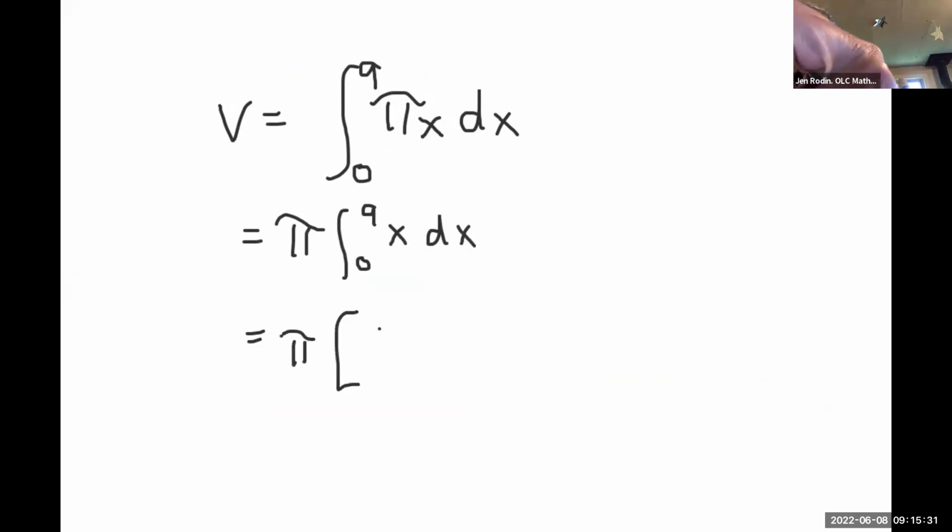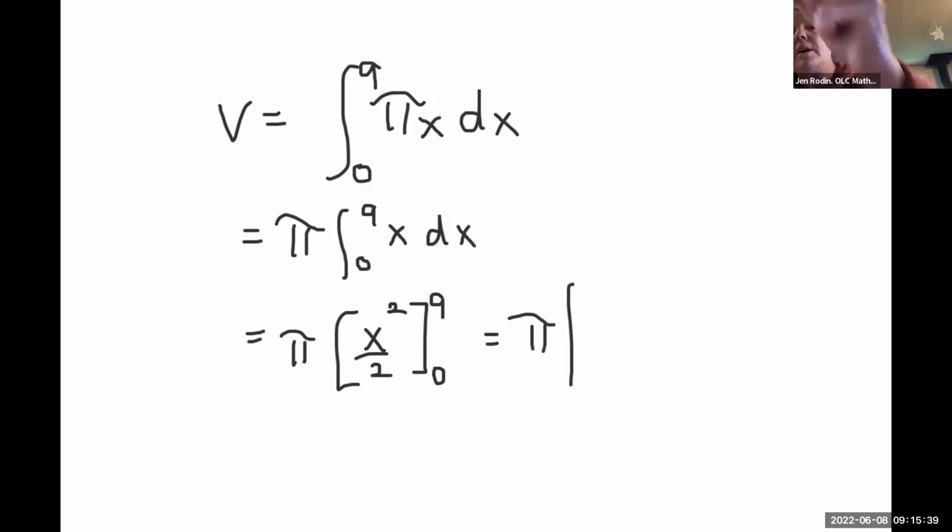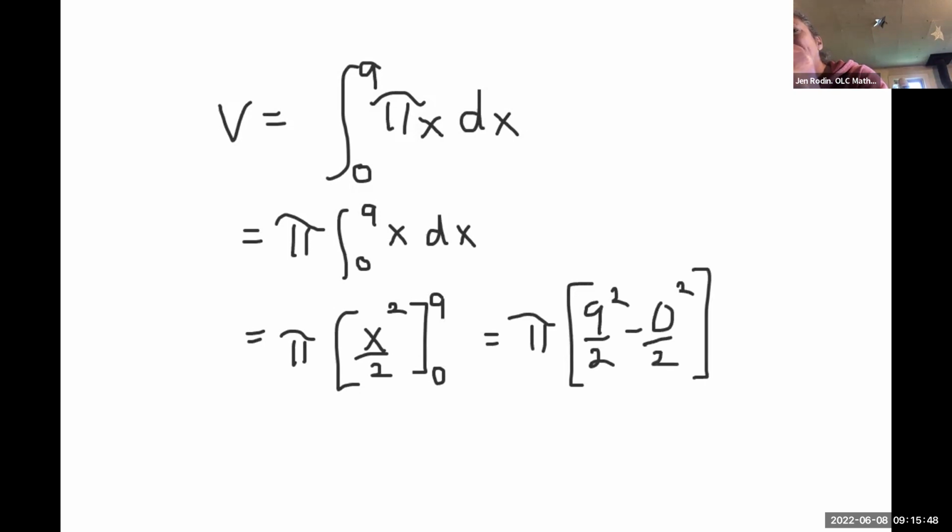Then add 1 to the power, put 2 underneath, go from 0 to 9. So it's going to be pi times 9 squared over 2 minus 0 squared over 2. So it's 81 pi over 2. Sometimes they'll write it the other way, either way is fine.